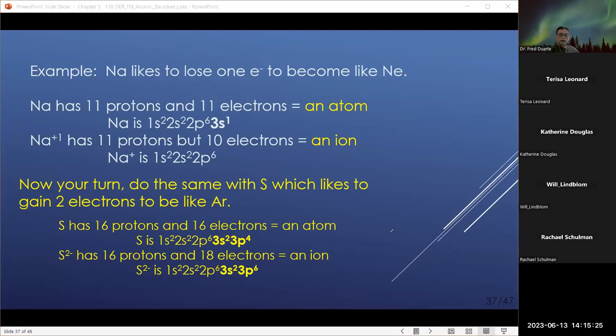Note here that the sulfur gained 2 electrons to become the sulfide. Now, from your perspective, when we look at the radius of the sulfur, be it the atom or the ion, what would you anticipate that the radius would be? Who would be bigger, the atom or the ion?